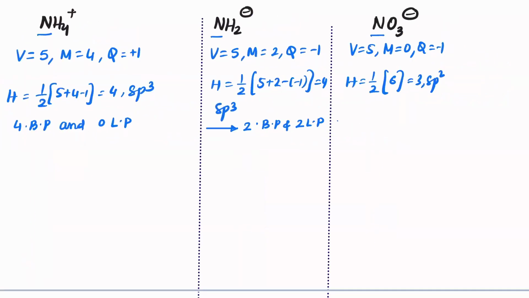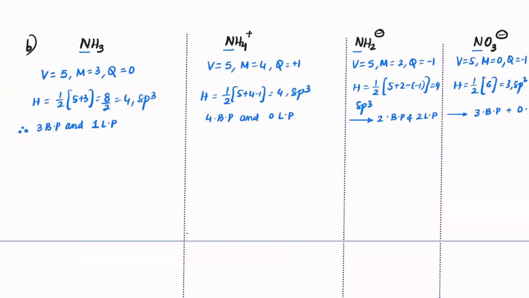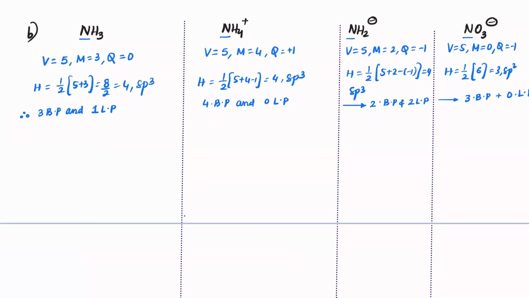Last here, in this case, 3 and 3. So 3 bond pairs and 0 lone pairs. Clear? For every molecule, this is the first thing we need to figure out: what is the hybridization and what is the number of lone pairs and bond pairs.